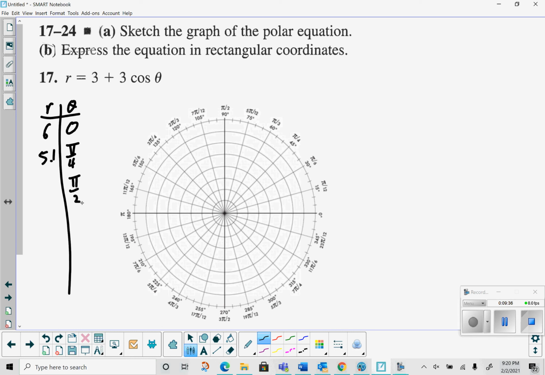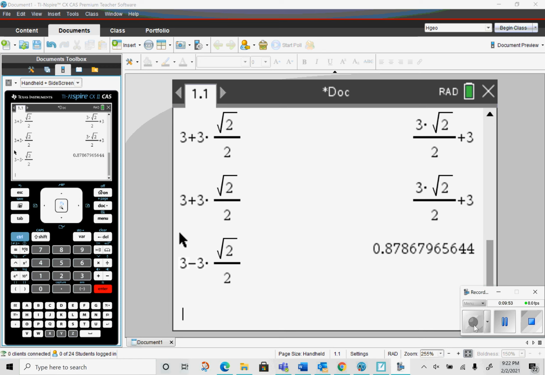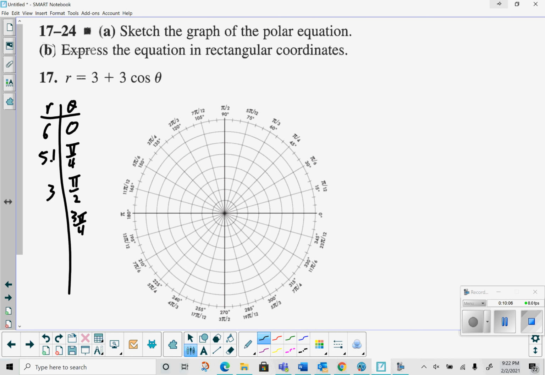For pi over 2, cosine is 0, 3 times 0 is 0, 3 plus 0 is 3. For 3 pi over 4, I know that cosine is negative square root of 2 over 2. So 3 minus 3 times square root of 2 over 2 will give me about 0.9.